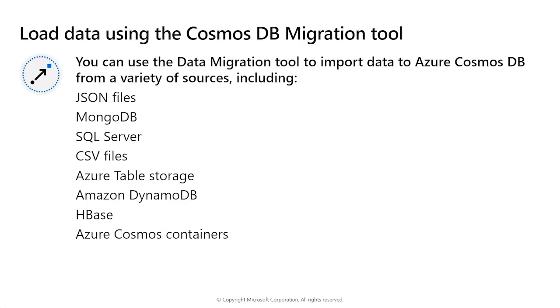The data migration tool can be used to input data to your Azure Cosmos DB from a variety of sources. It's available to be downloaded from GitHub, and the tool guides you through the process of migrating data into your Azure Cosmos DB databases.